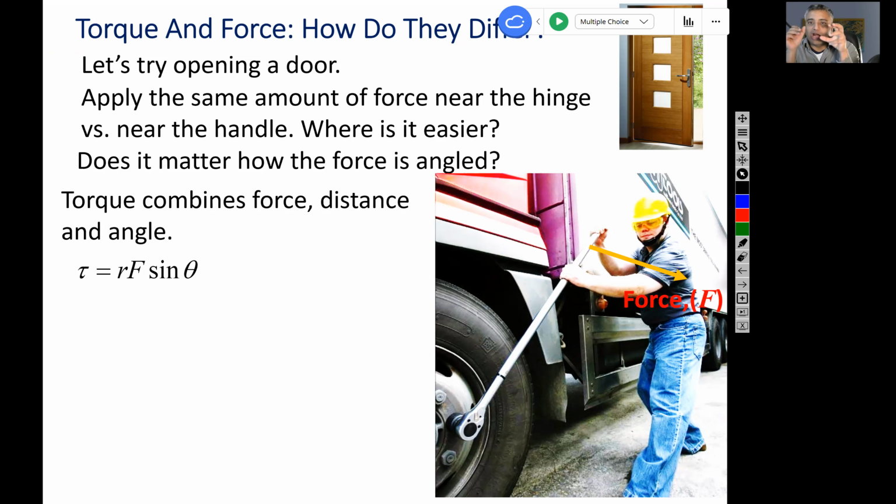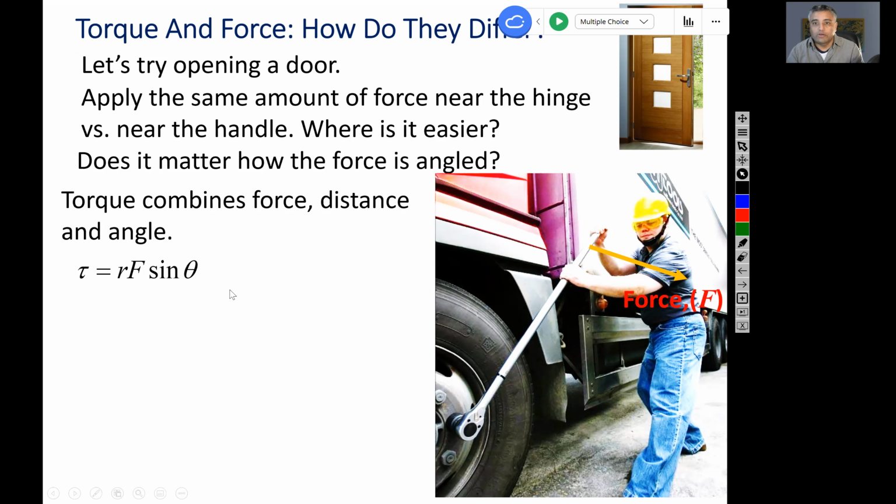So when we bundle all those three, how much force we are applying, what direction we are applying the force, that's the angle, and how far we are applying the force from the axis of rotation. All those three things matter. So when we combine all those three, we get this, and that quantity is called torque.